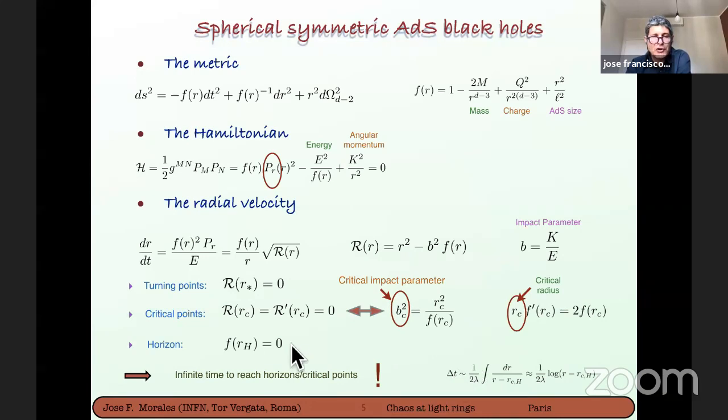The time to reach a horizon or a critical point diverges logarithmically with the distance from the point. The only difference is that critical points look like a horizon only for a very specific choice of the impact parameter, while horizons hold for any value of the impact parameter below this critical value.